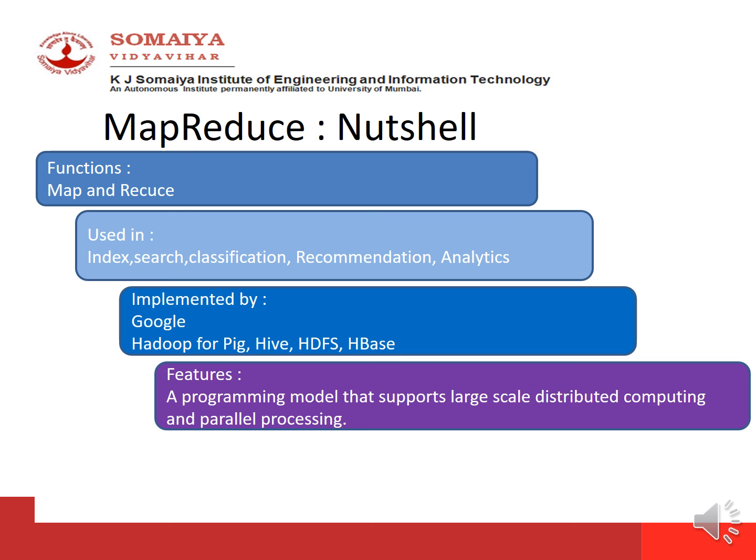The important feature of MapReduce is that it is a programming model that supports large-scale distributed computing and parallel processing. So this was an introduction to MapReduce along with one working example.